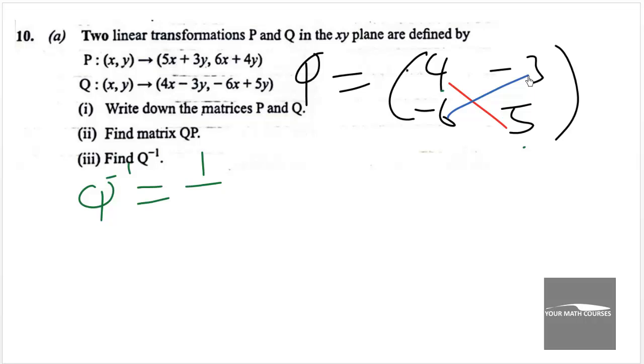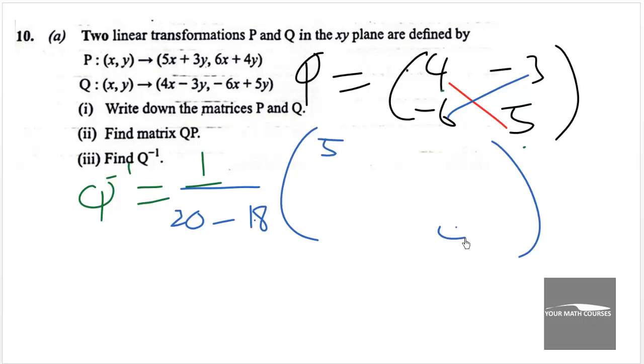The leading diagonal is 4 times 5, which is 20, minus -6 times -3, that will be 18. So now we swap 5 and 4, then we negate -3 and -6. So negative of -3 will be +3, and negative of -6 will be +6.